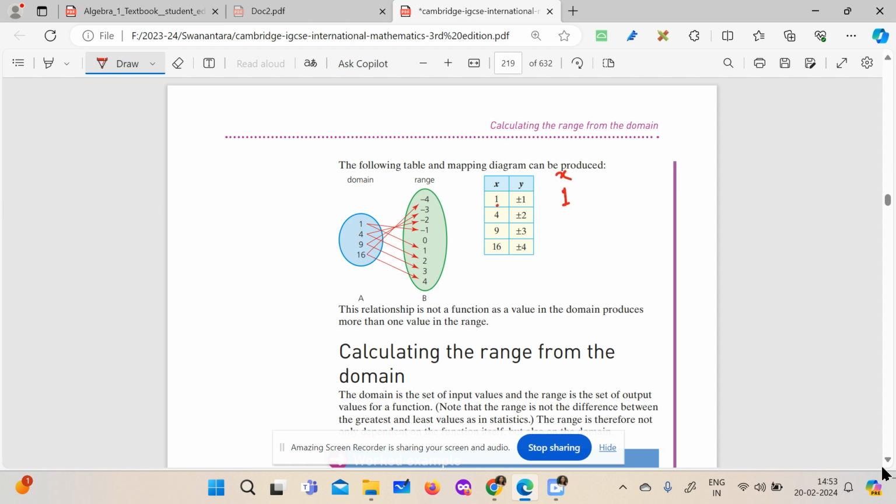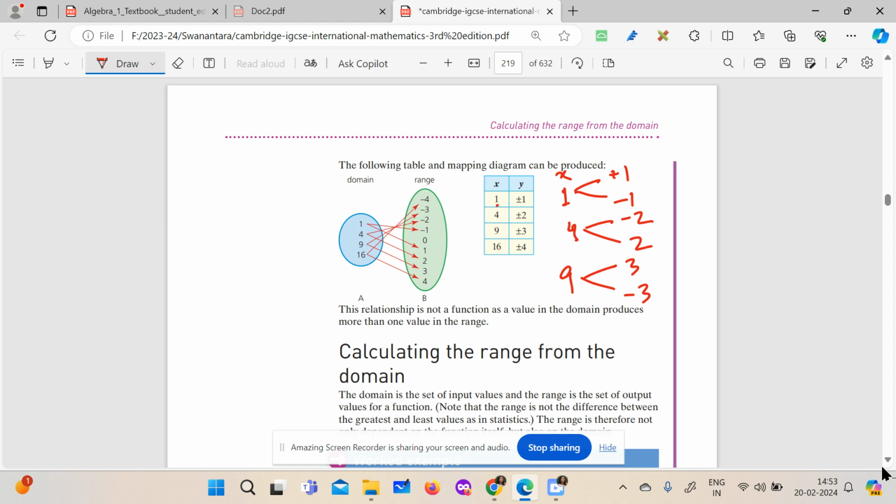When x is 1, y is plus 1 as well as minus 1. When x is 4, y is plus 2 and minus 2. And when it is 9, it is referring to plus 3 and minus 3.